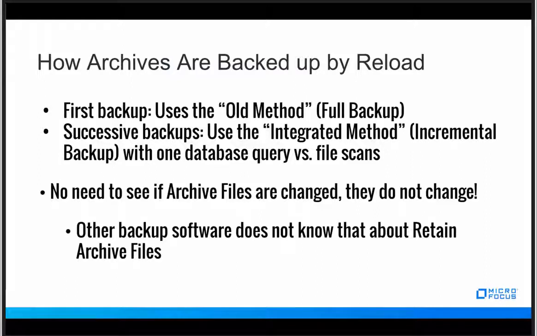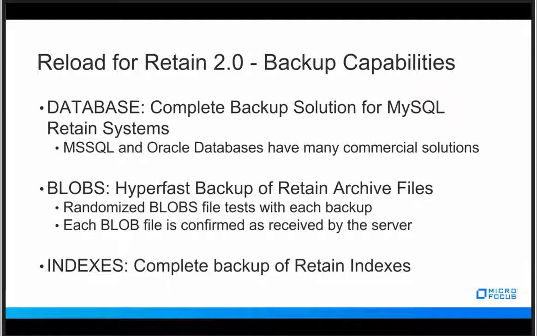We also know that none of the archive files have changed, so we don't have to track that in any other way than the fact that we've replicated the item initially. That's a super important feature, that integration, and there's no other software that knows how to do that.